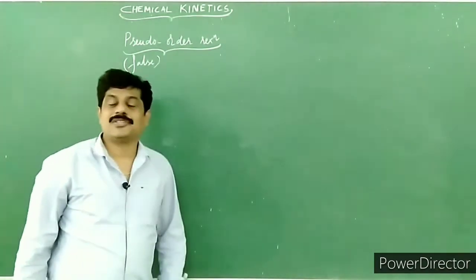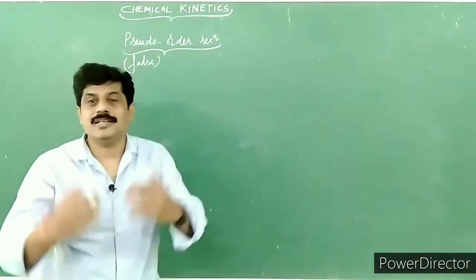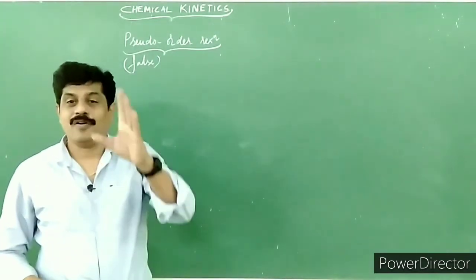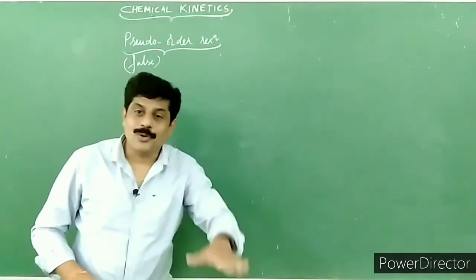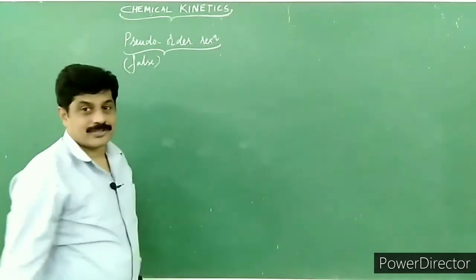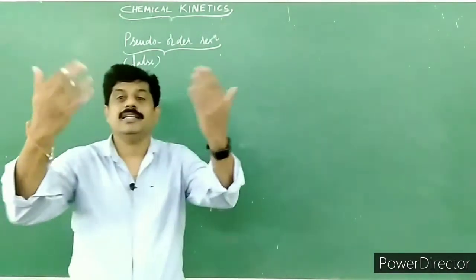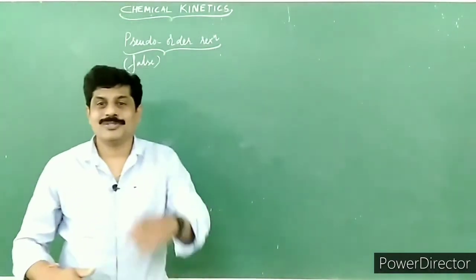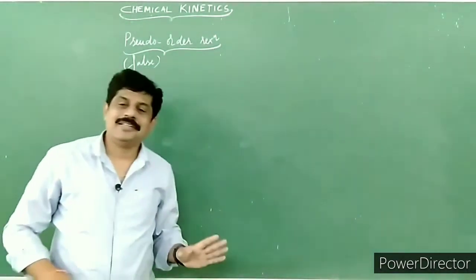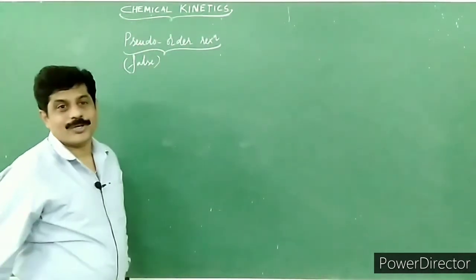Remember, a reaction which appears to be of higher order but actually follows the kinetics of a lower order reaction is called a pseudo order reaction. I repeat again, a reaction which appears to be of higher order but follows the kinetics of lower order reaction is called a pseudo order reaction.